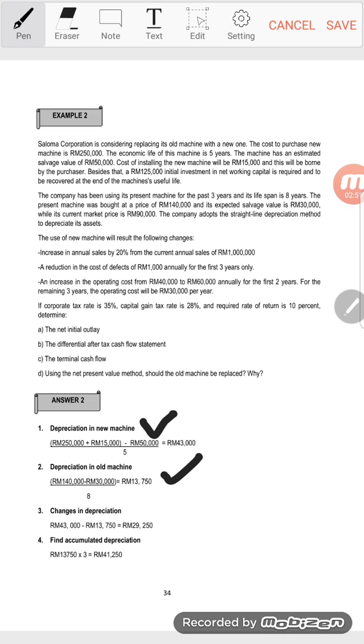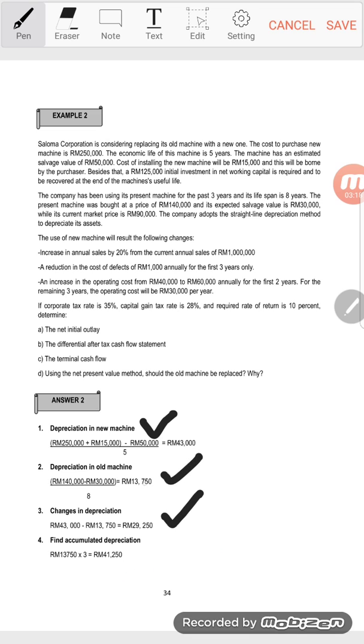Once you have calculated the depreciation of the new machine and the old machine, you can proceed to find the changes in depreciation. After that you are going to calculate the accumulated depreciation.